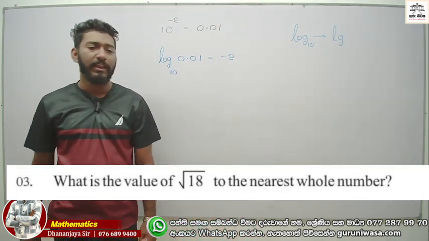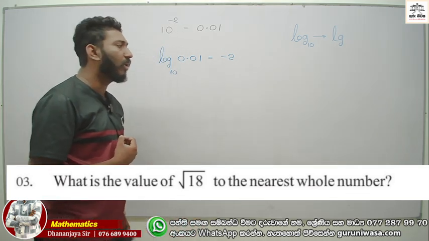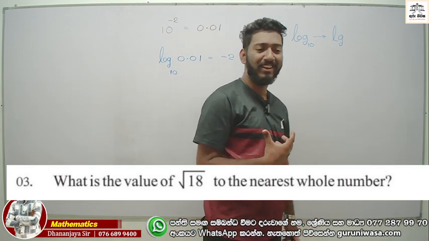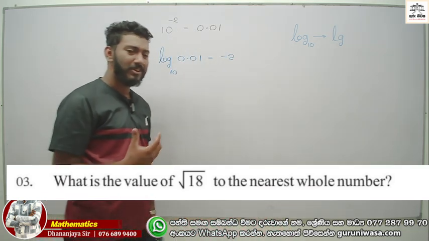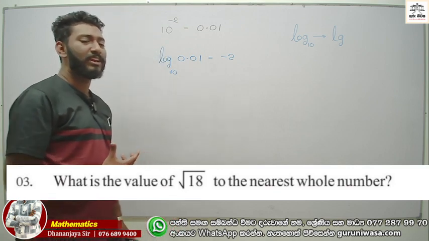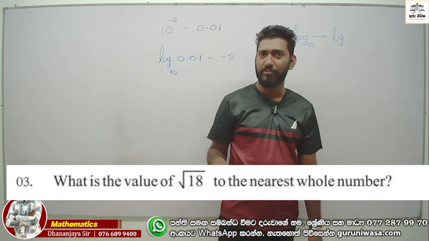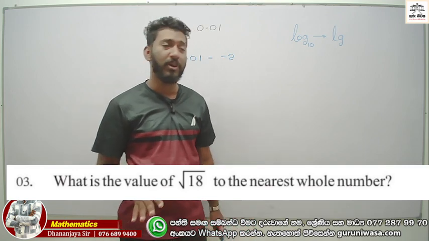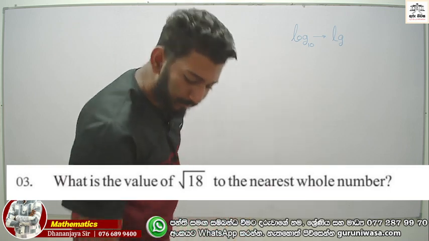Now, what is the value of the square root of 18 to the nearest whole number, right? Nearest whole number. But what is the value of the square root of 18 to the nearest whole number? And you know the first approximation, actually, in grade 10, the second lesson, right? Square roots. Find the square root of 18, right?